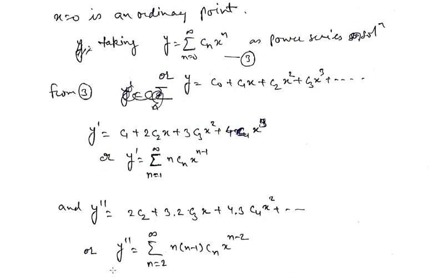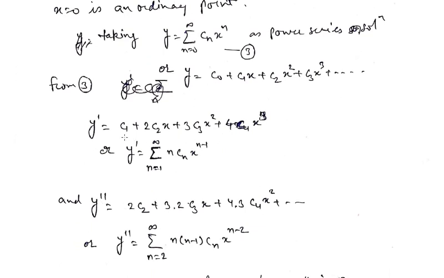Now we find y double prime. We differentiate this further with respect to x, and we get the first term 2c2, the second term 3 into 2 c3x, and so on. This can be written as summation n varying from 2 to infinity of n into (n minus 1) cn x raised to power n minus 2.